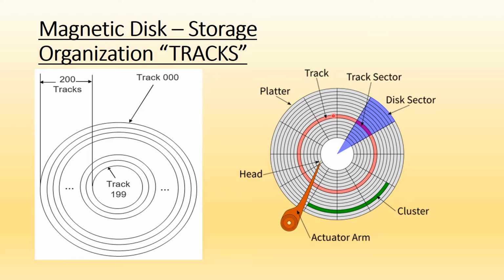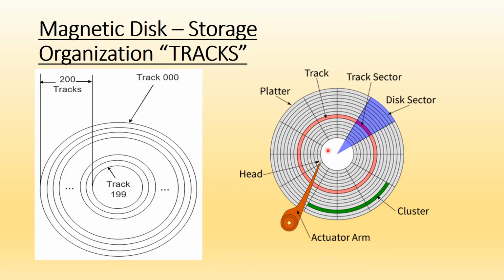And these ones over here, where you see the pink color, this is what is known as the track. Then we have the platter, which is this one, of course. The cluster, you see the green one. And this is the actuator arm and the head.